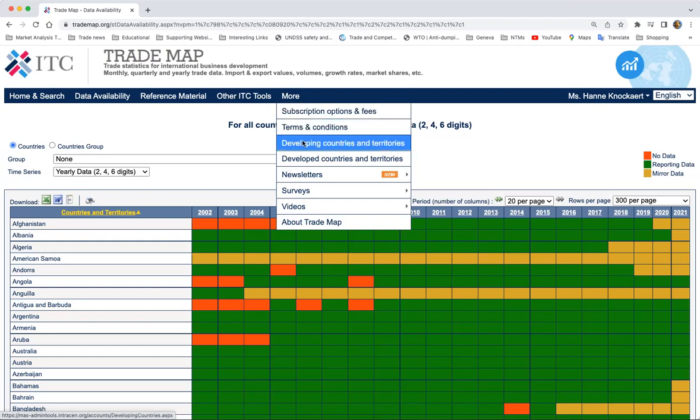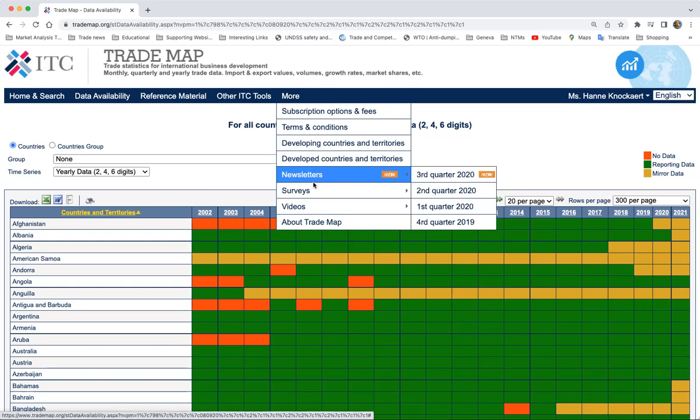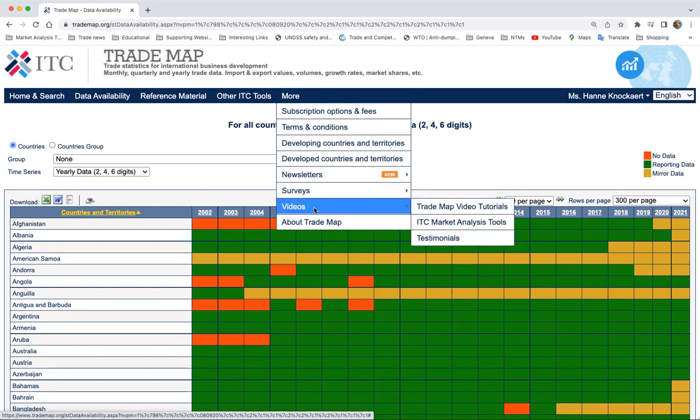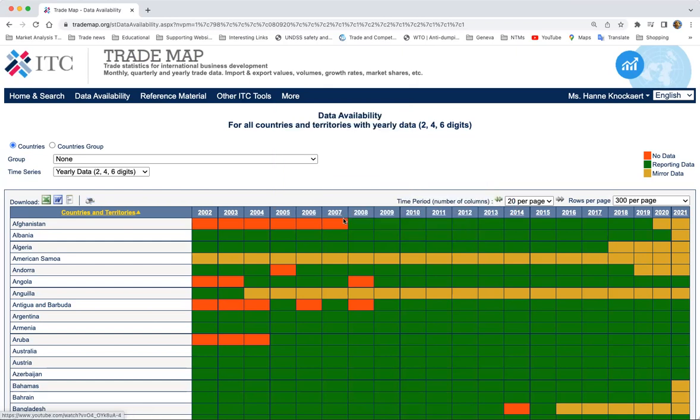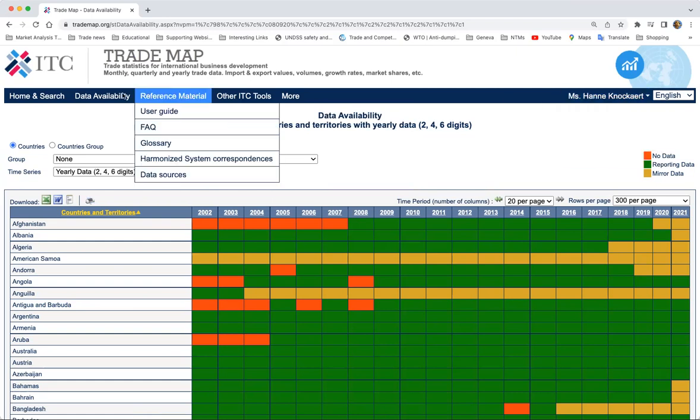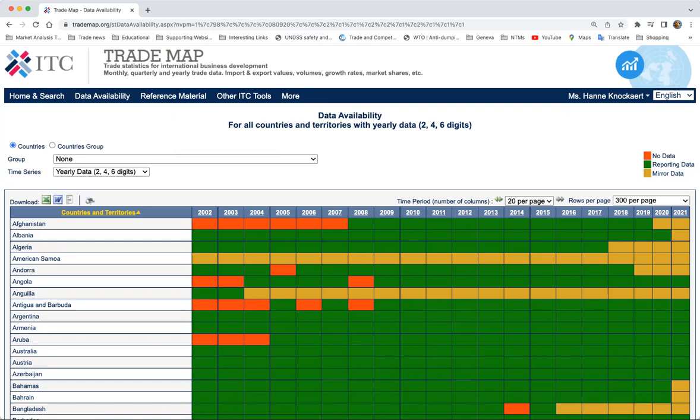So you can find the UN lists of developing countries and territories, developed countries and territories, the last information in our newsletters. You can find some video tutorials as well if you want to look into a specific topic. Some testimonial videos. And here at the right, you can create an account.